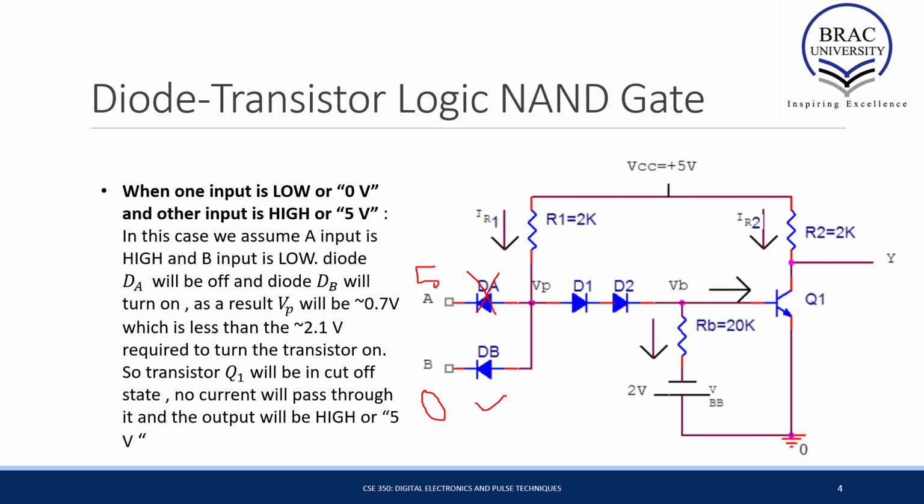So Vp will still have a voltage of approximately 0.7 volt, which is still not enough to turn the transistor on. So it will be in cutoff state and the output will be equal to 5 volt.